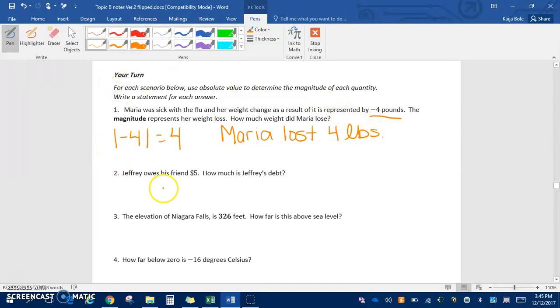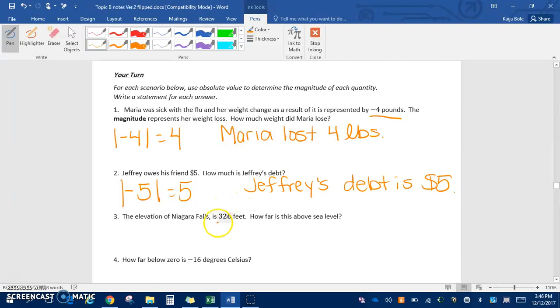Number 2, Jeffrey owes his friend $5. How much is Jeffrey's debt? If he owes his friend, that means he's in the negative, so negative 5, and taking the absolute value is just 5. To answer the question, we would say Jeffrey's debt is $5. Number 3 says the elevation of Niagara Falls is 326 feet.